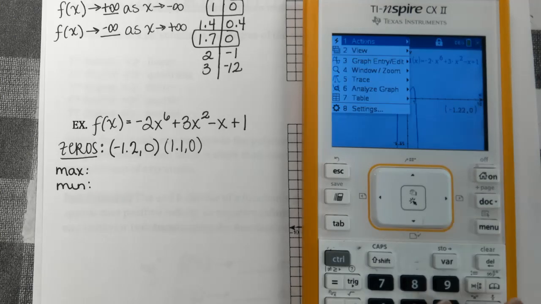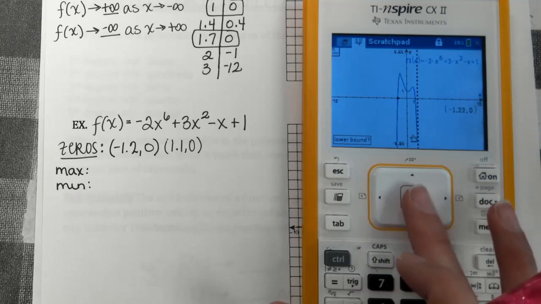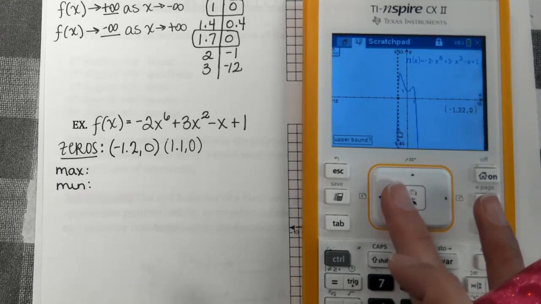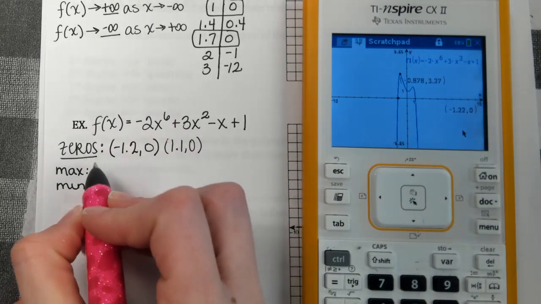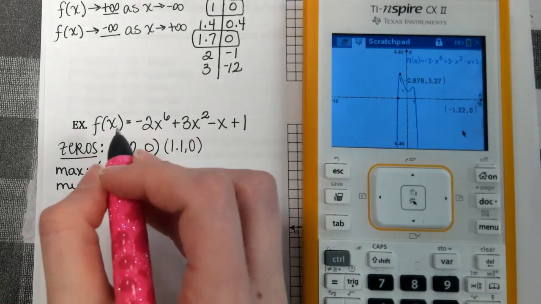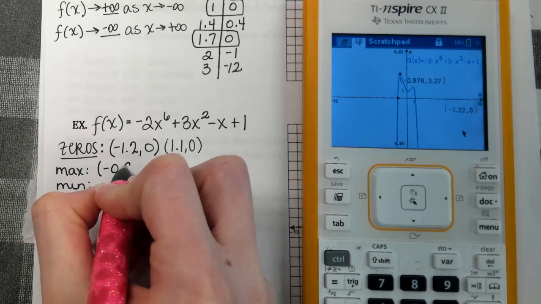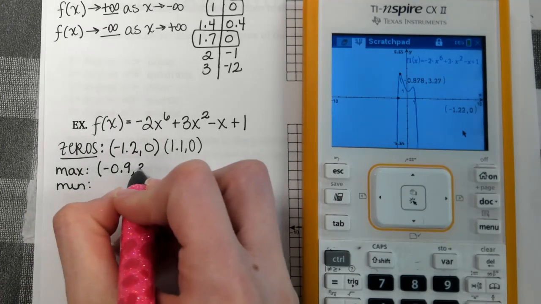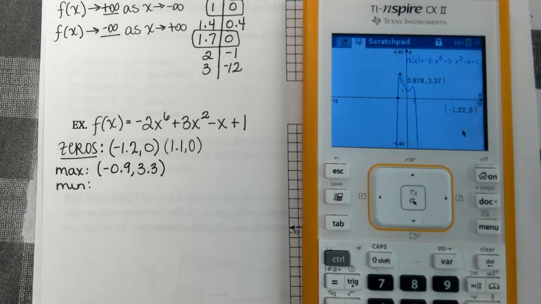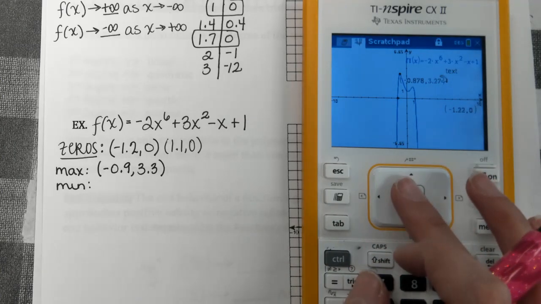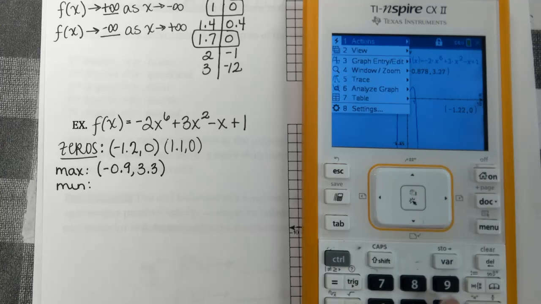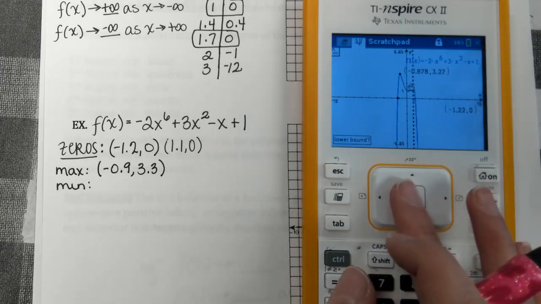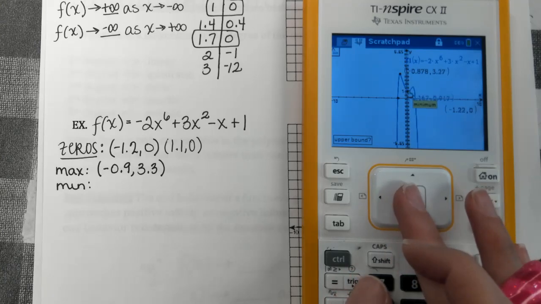Okay? So menu 3 for my first one. And what is that going to round to? Very good. Negative 0.9 and 3.3. And then I'm going to do menu 6 and I'm going to do the minimum.